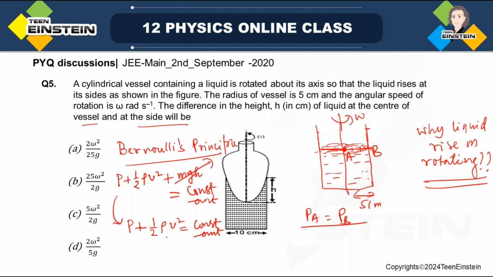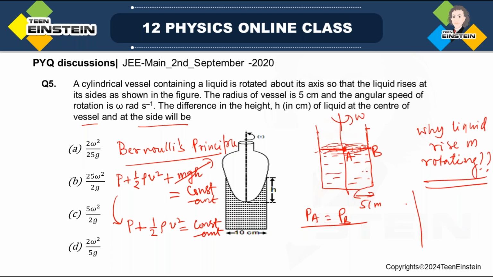This should be constant. Pressure plus the kinetic energy at each point should be constant. But look now, when it is rotated, there will be speed.